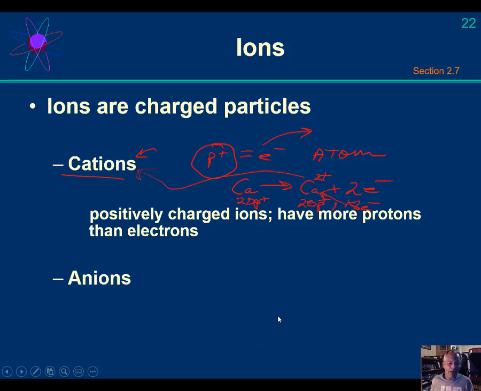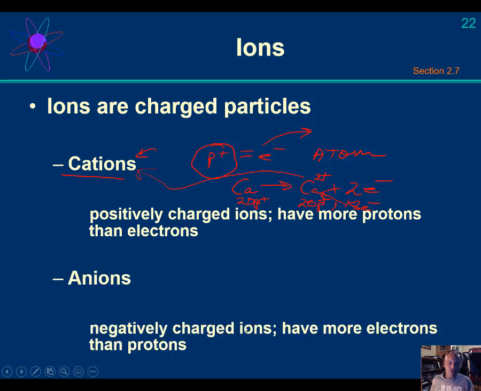Anions, on the other hand, have a negative charge to them. They have more electrons than protons. So let's pick chlorine. So here's chlorine, and chlorine has a propensity to accept one electron. Now, chlorine has an atomic number 17. It has 17 protons. You can't change the number of protons, or you change the element.